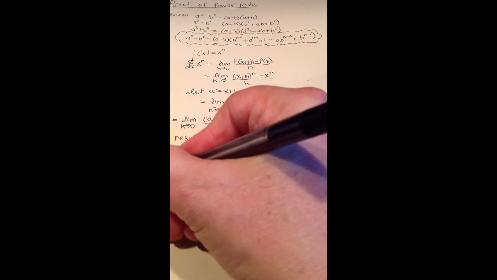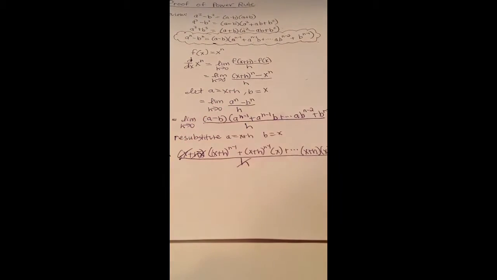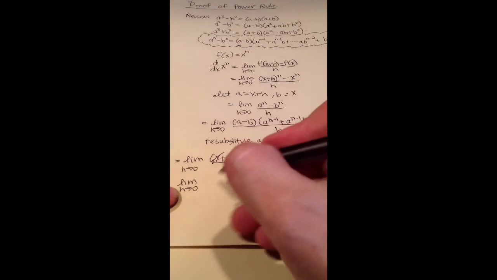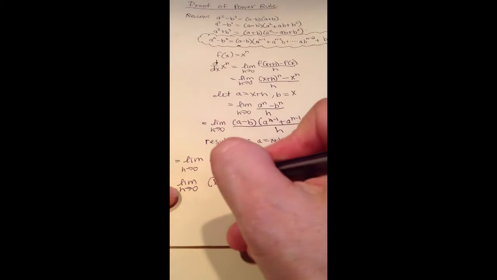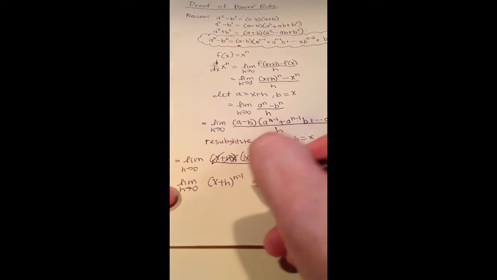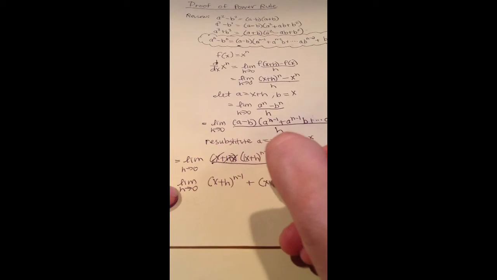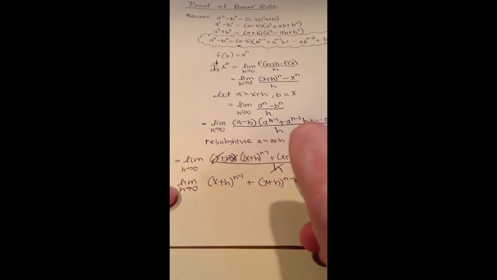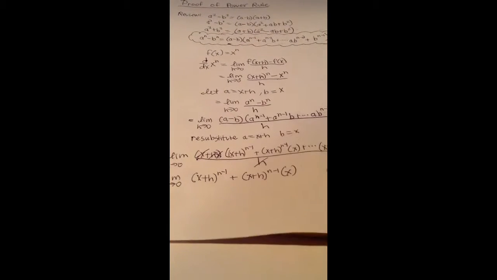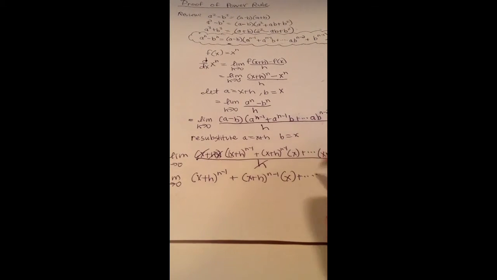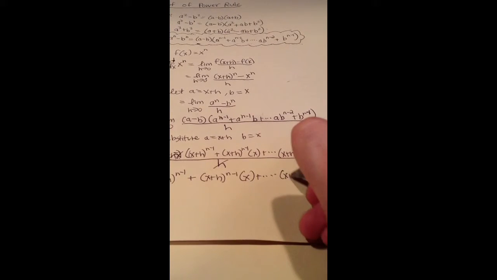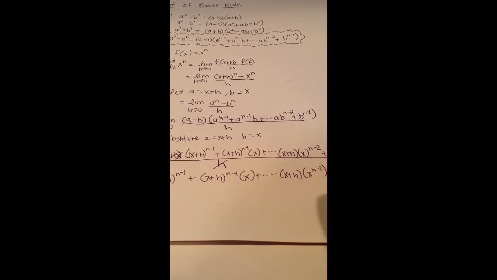So I got the limit as h approaches 0 of x plus h to the n minus 1 plus x plus h to the n minus 2 times x plus dot dot dot x plus h times x to the n minus 2 plus x to the n minus 1.